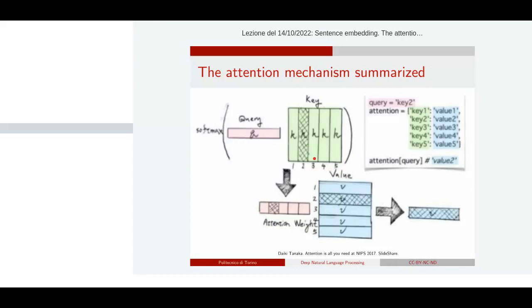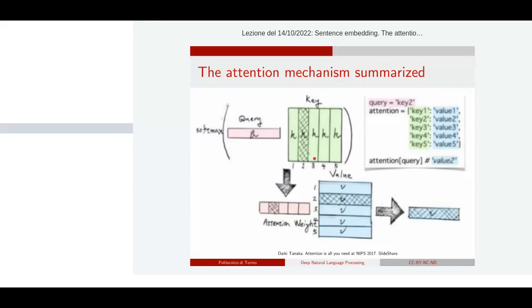This is exactly like a content retrieval problem in information retrieval, or even in databases. The attention of a query returns the distribution of the keys with a probability.